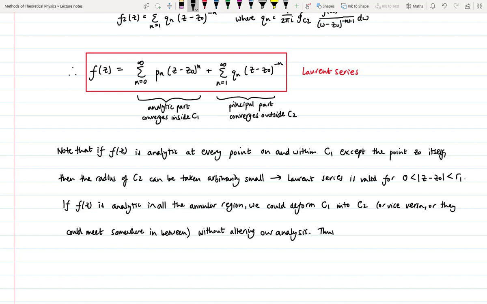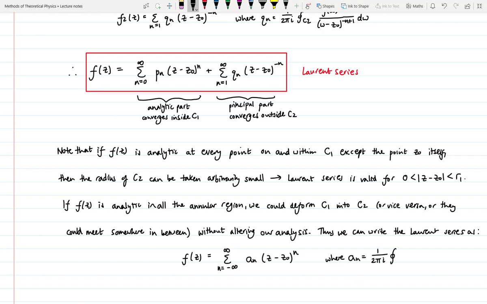That would mean that we could write our Laurent series instead as f of z is the sum from n equals minus infinity to infinity of some merged coefficients an (z minus z0) to the n, where these coefficients an are given by 1 over 2 pi i around some closed contour C. This could be C1 or C2 or something in between of our normal integrand f of w over (w minus z0) to the n plus 1 dw.